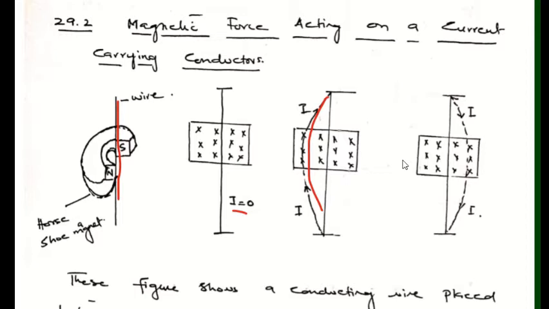And you'll see that the force, that is your palm, will point towards the right side of the screen. And this is what is happening to this wire over here. It is stretched towards the right side. So from the right hand rule we can find the direction of the magnetic force that is acting on this current carrying conductor placed within the magnetic field.